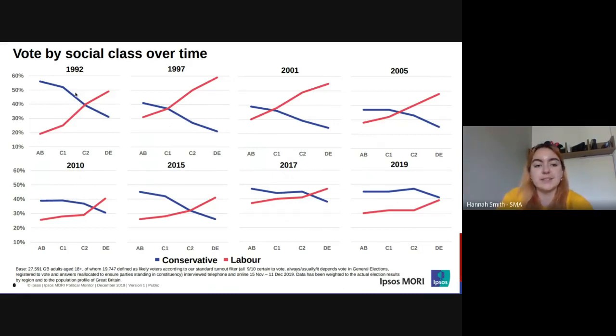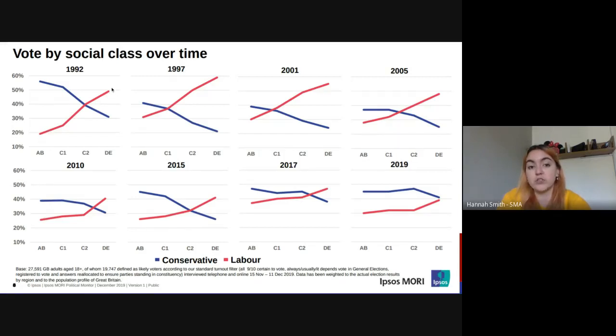If we look at 1992, what this is showing us here is the red line is the percentage of people that voted by their social class for the Labour Party. So if you look at 1992 in the red line only just now, in 1992, under 20% of those in social class category AB voted Labour, under 20.